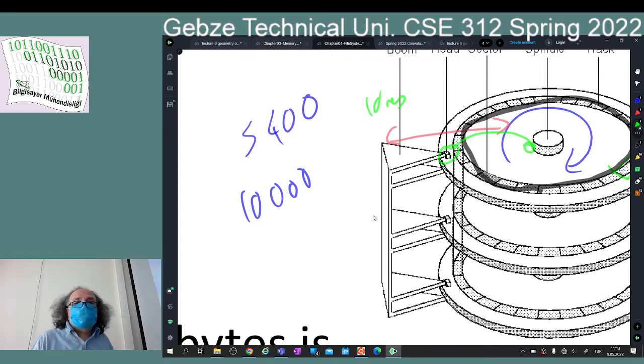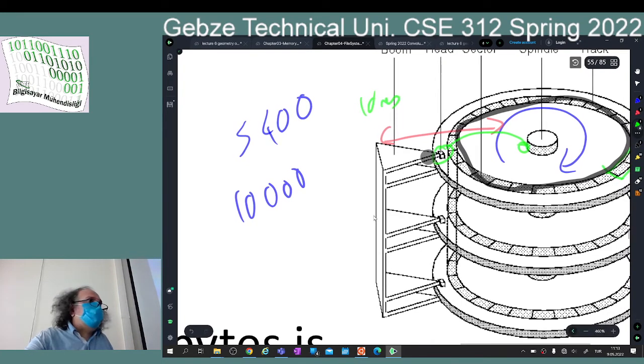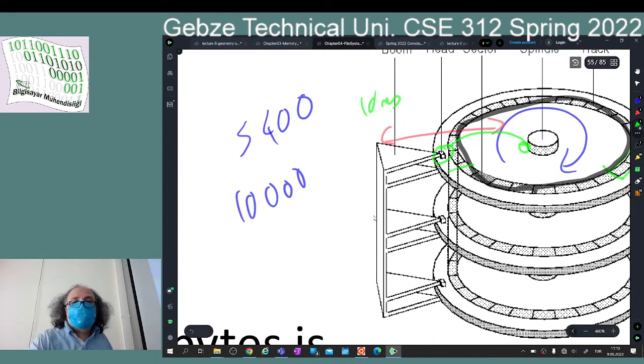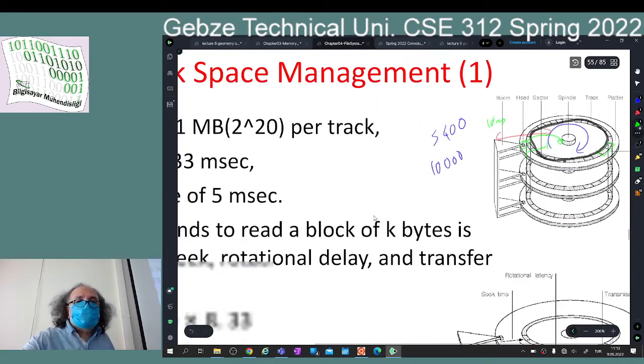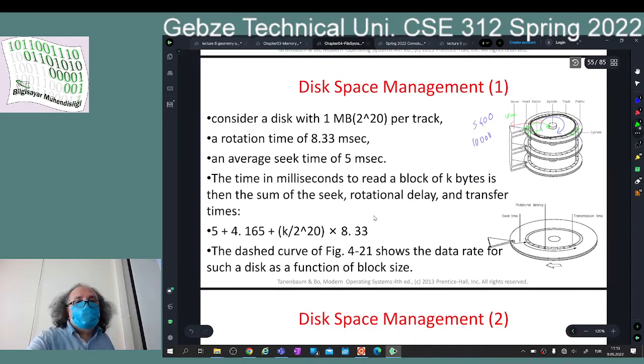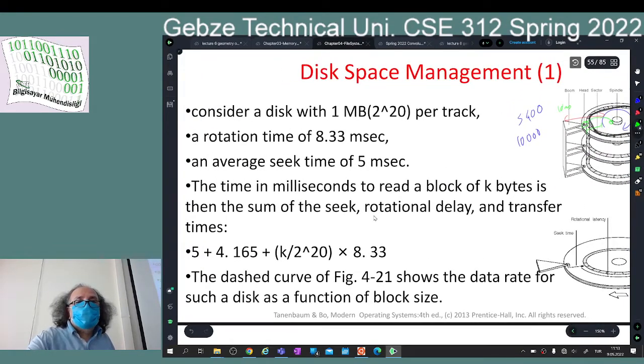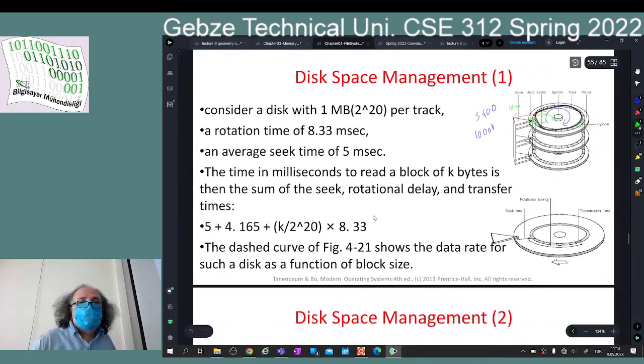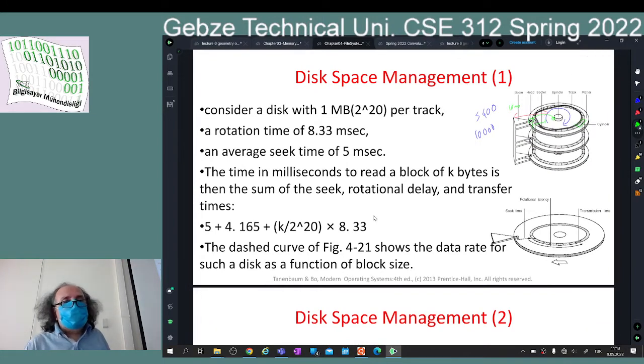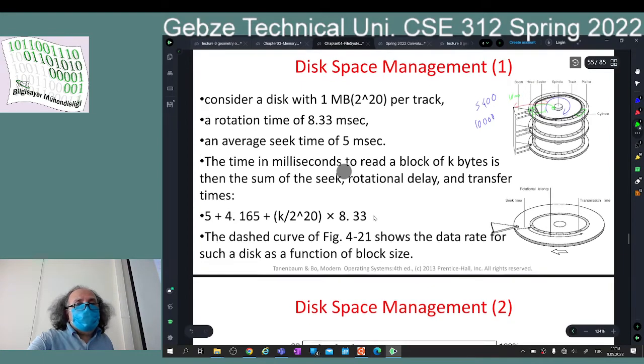On average, you go maybe half of this distance. So on average, I am going to take 5 milliseconds to move my head to the desired track.